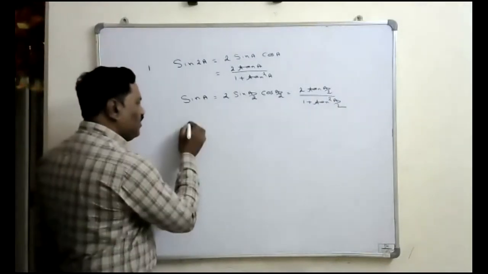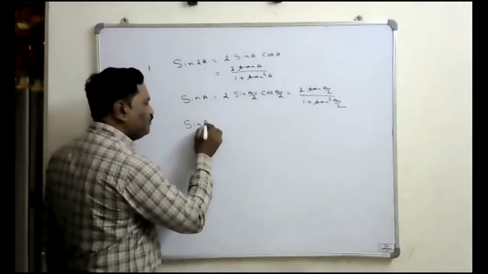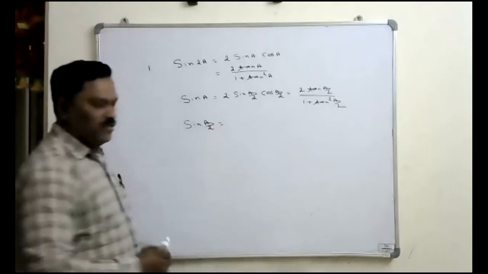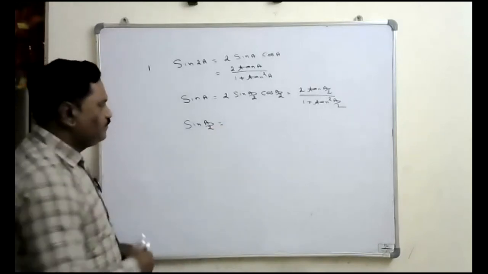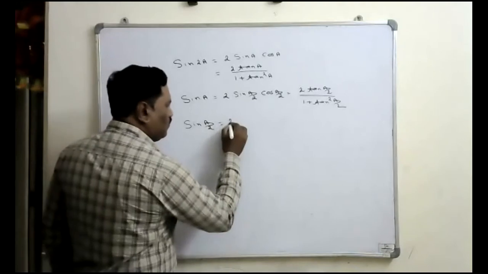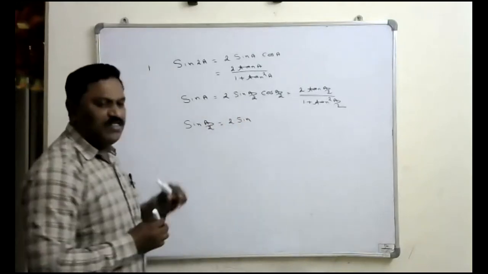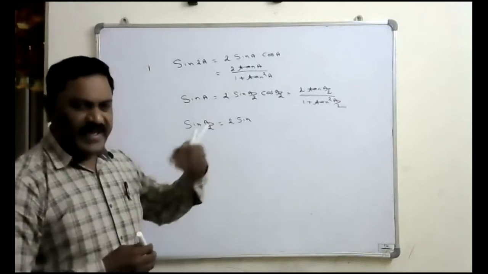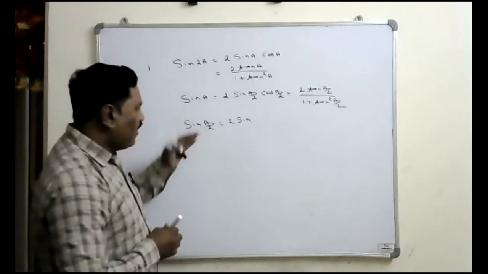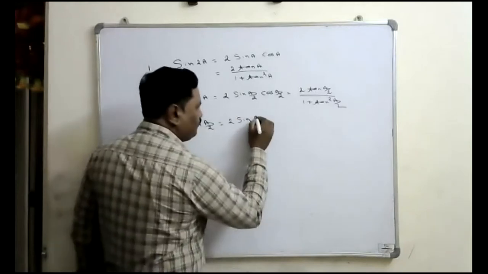Similarly, how do you write the formula for sine A by 2? Whatever the angle is here, as per that formula we have to make that angle half. Half of A by 2 is A by 4.